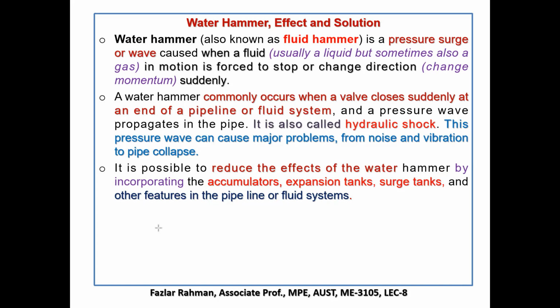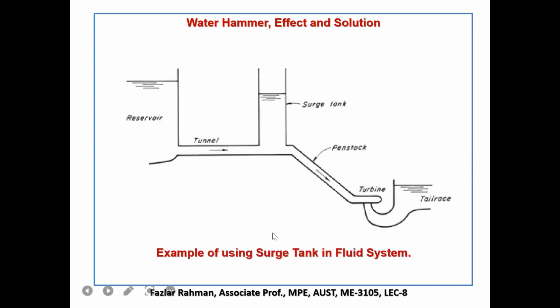So let's look at the diagram. You see the figure over here. There is a turbine at the bottom, and water is coming from the reservoir. Say they are not showing the valve over here, but say there is a valve. If you close a certain valve, and say this tank is not here, then what will happen? In this pipe, pressure will increase, and suddenly this system will break down.